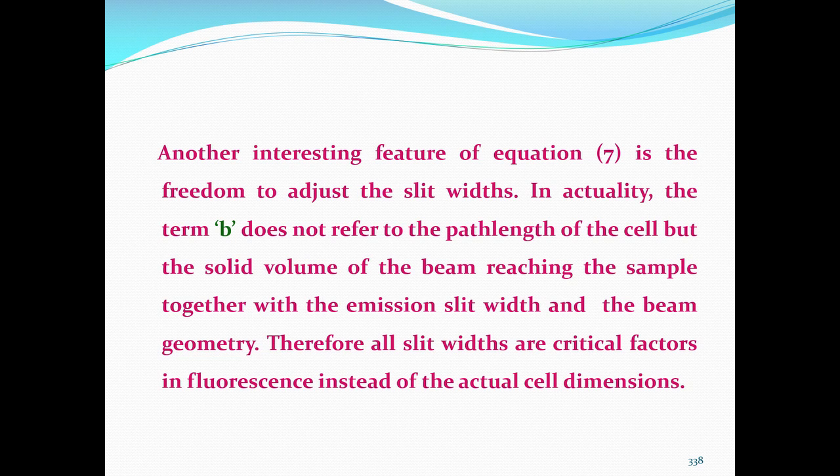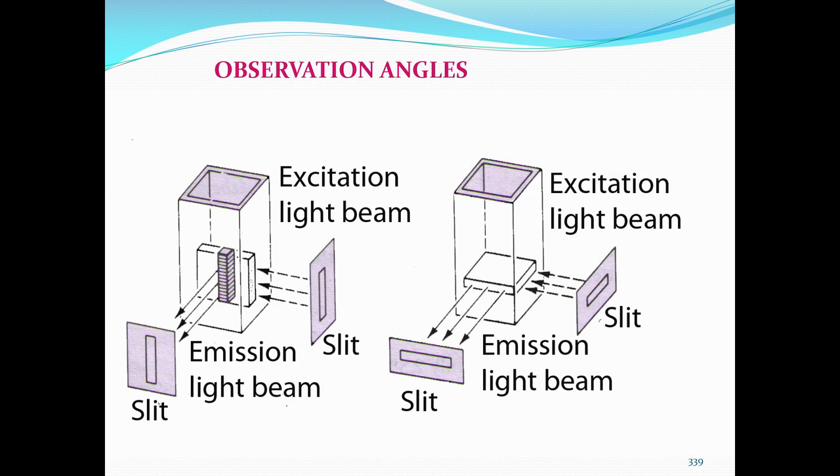You cannot measure 100%, there will be some amount of difference, and in actuality the term B does not refer to the path length of the cell at all, but it is the solid volume of the beam that reaches the sample together with the emission slit width and the beam geometry. Therefore, all slit widths are critical factors in fluorescence instead of the actual cell dimensions. So, this is a very important aspect.